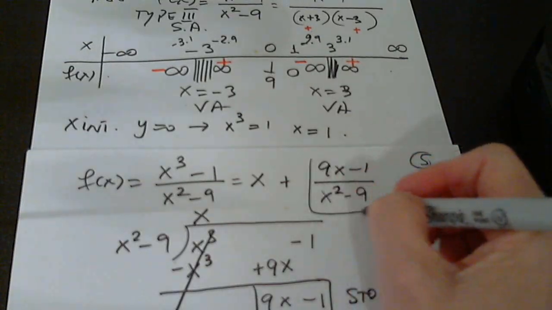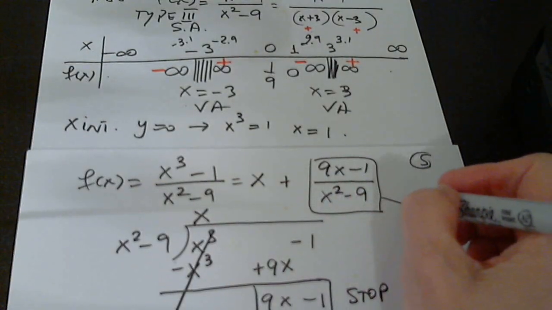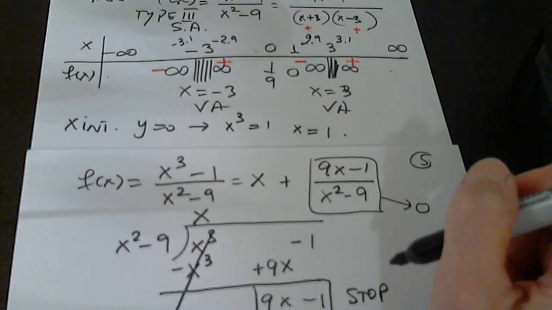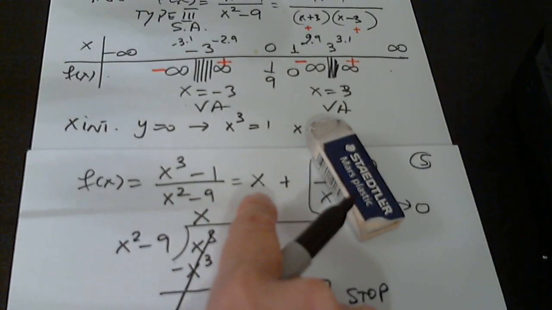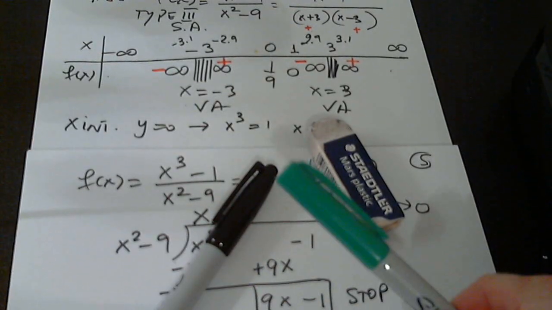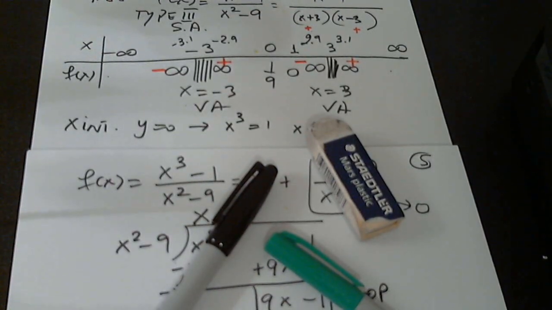This is type 2. Eventually, this will approach 0 at infinity. So that doesn't mean anything to us. This is the slant asymptote. So y equals x is the slant asymptote. Does it look like this? Or does it look like this, the slant asymptote?